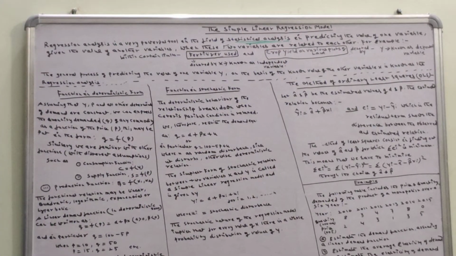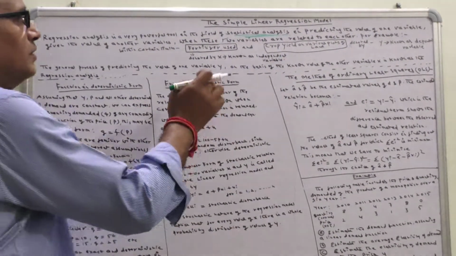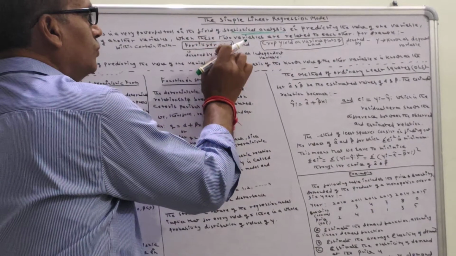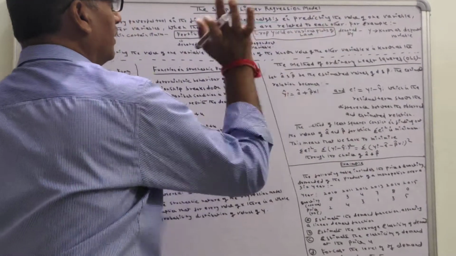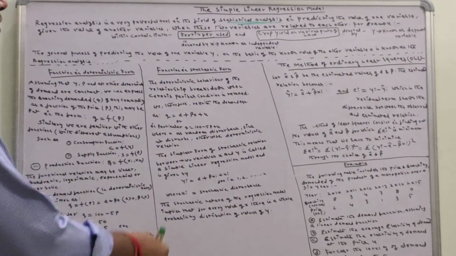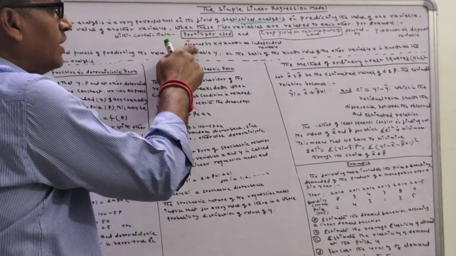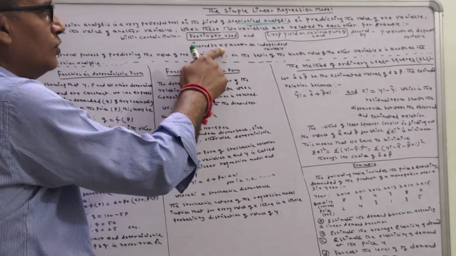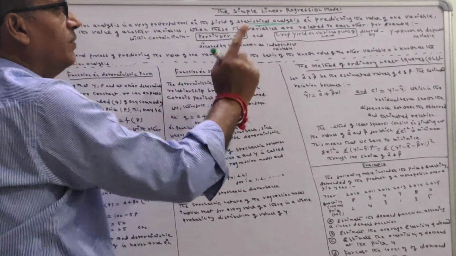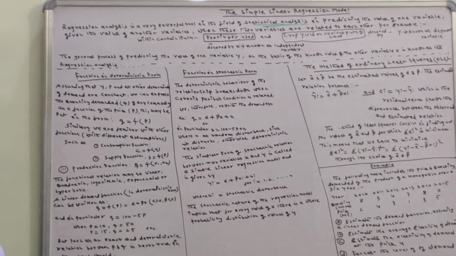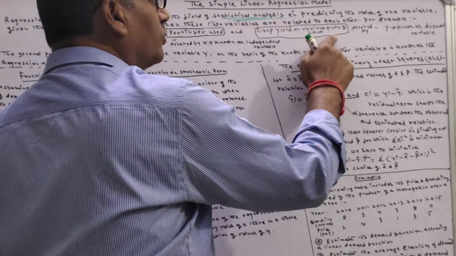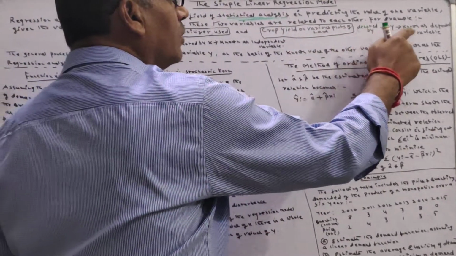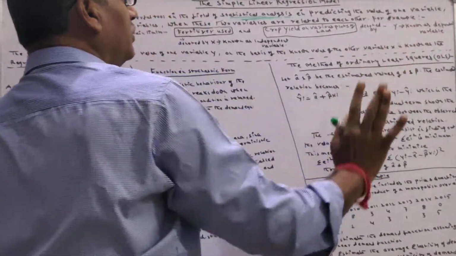For example, here two variables are given: fertilizer used and crop yield on various plots of land. Now fertilizer used, denoted by X, is known as the independent variable here, and crop yield on various plots of land, denoted by Y, is known as the dependent variable.